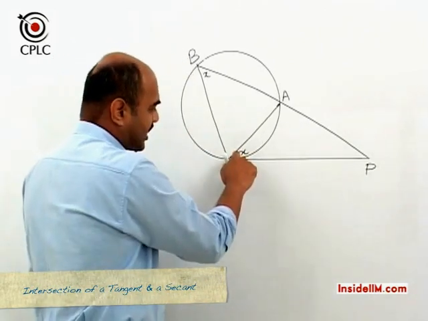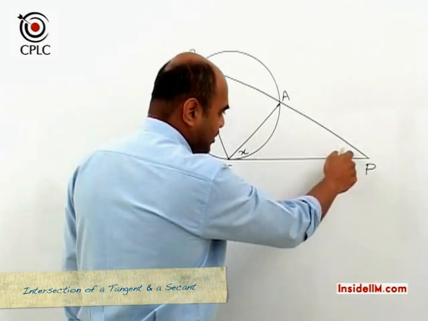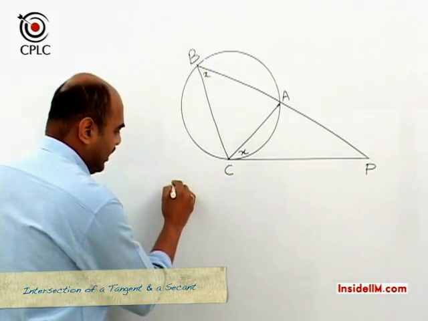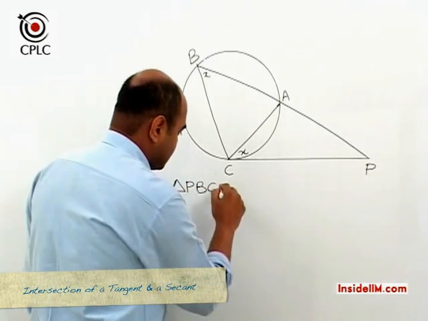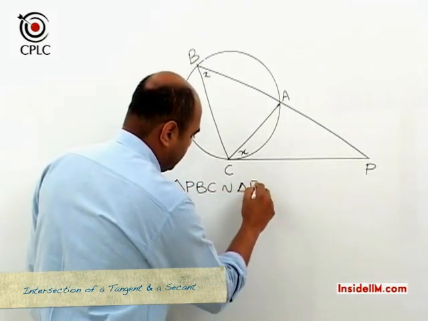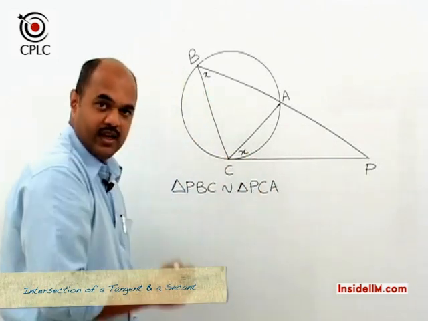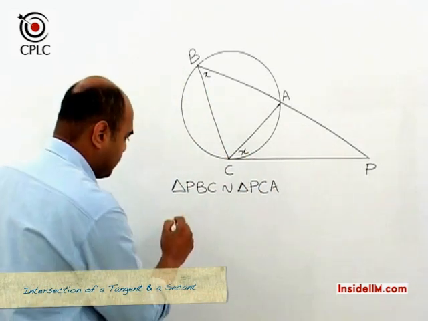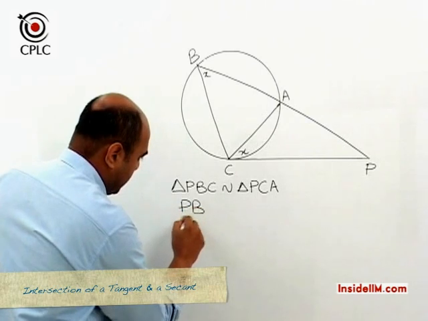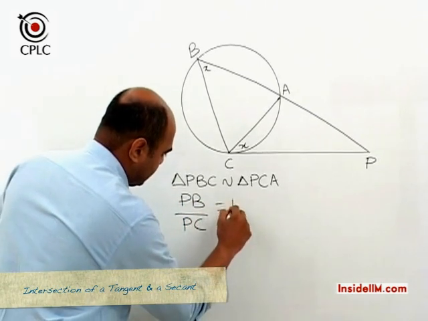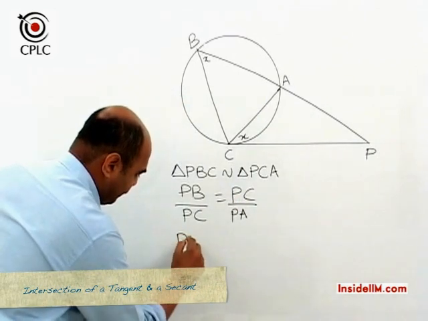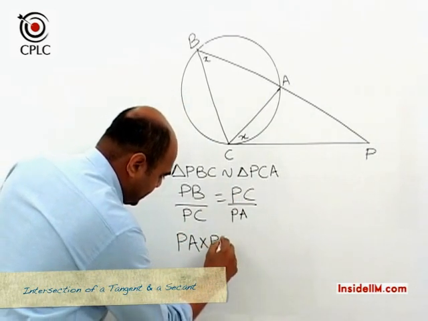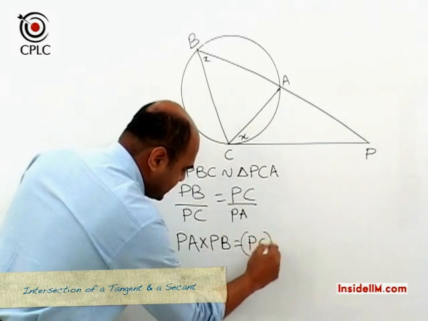Since these two are equal angles and this is a common angle, we would get triangle PBC similar to triangle PCA, and if we write the corresponding sides in proportion, we would get PB upon PC is equal to PC upon PA, which would mean PA into PB is equal to PC squared.